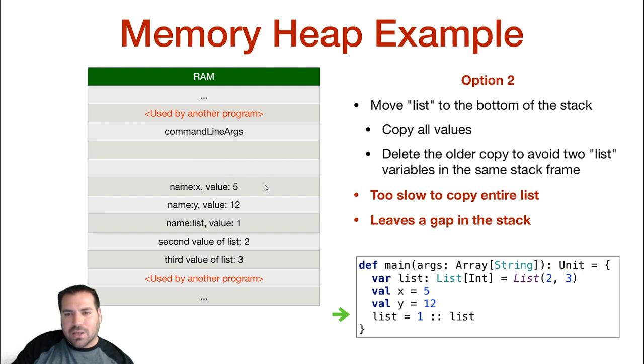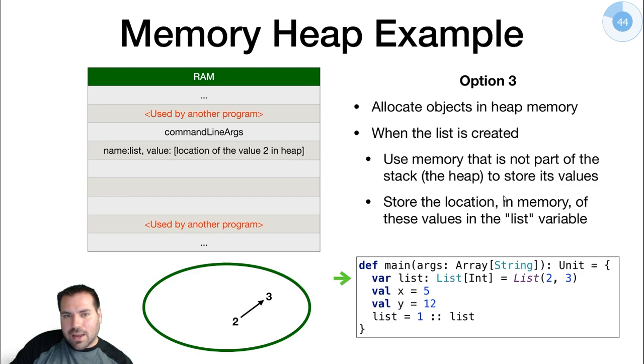But for one, this is slow to copy the entire list. What if this list were 1 million elements and we just copied the whole thing over again? And it also leaves gaps in the stack, which are problematic for a lot of reasons. The stack can get really looking like Swiss cheese after a while, which is going to waste a lot of memory and increase your chances of overflowing the stack, which are all bad things. We don't want to do that either.